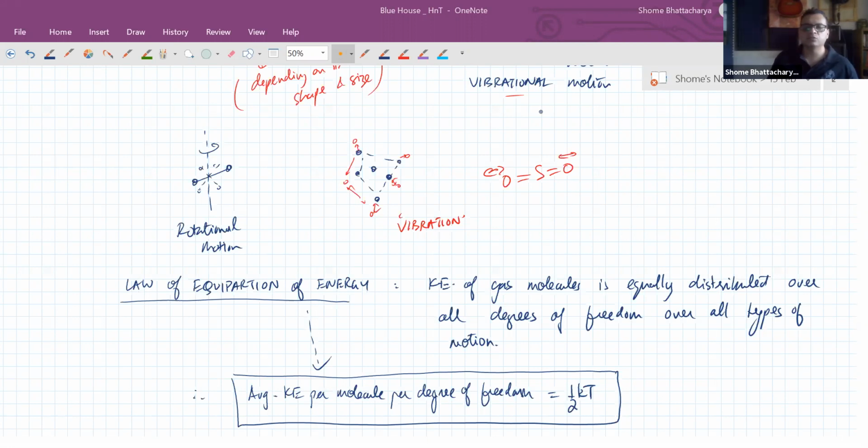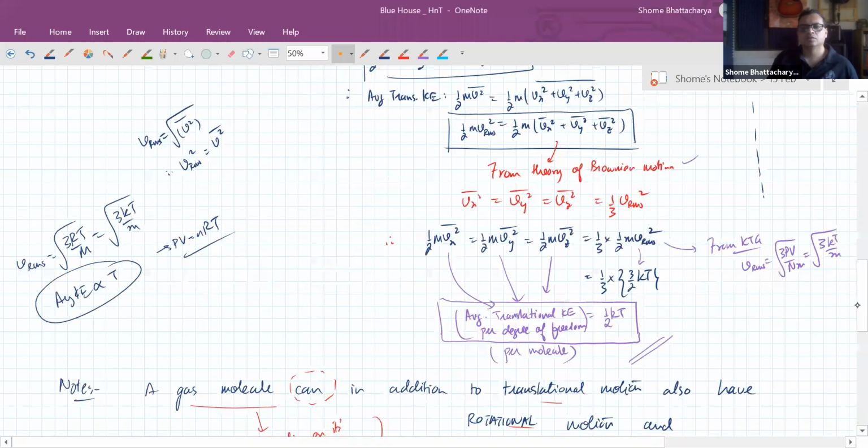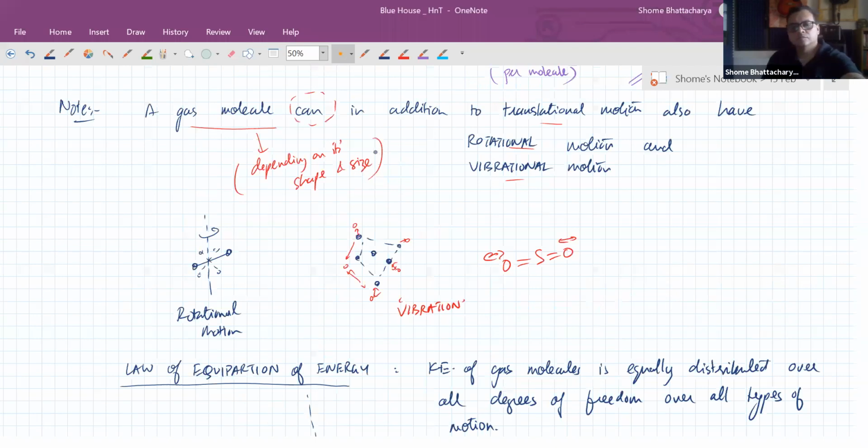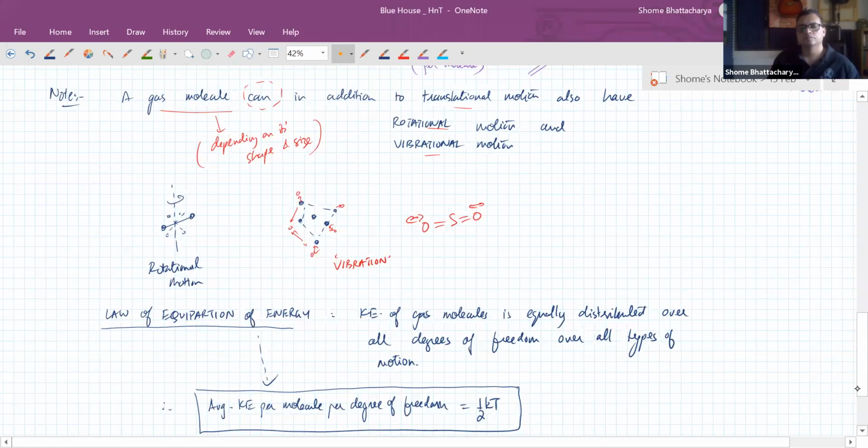Now I'm saying it's general for all types of motion. So it is equally partitioned. So how much is that value equal to? Now it's half kT. Earlier we had written average translational kinetic energy per molecule per degree of freedom. And when I show you examples, you'll understand what is meant by degrees of freedom for different types of motion. Okay. Just note this down first.